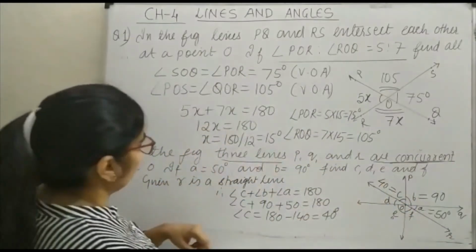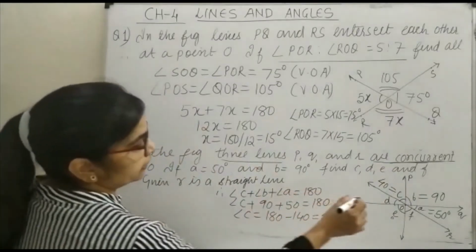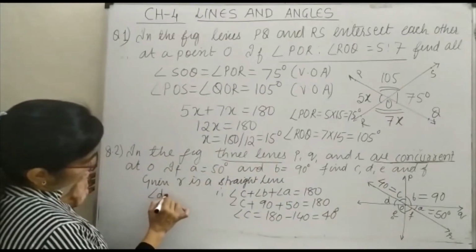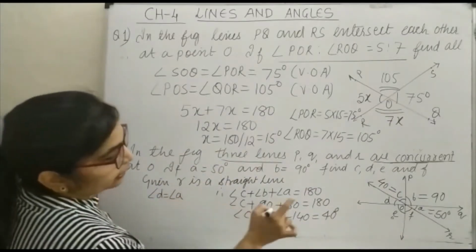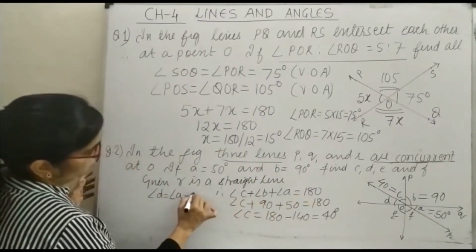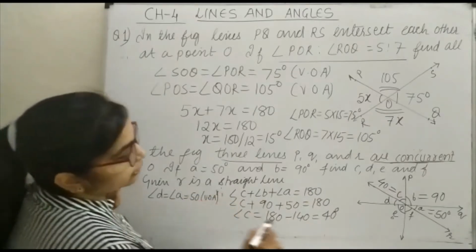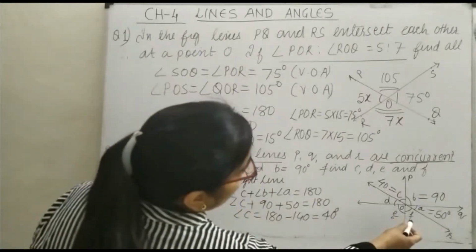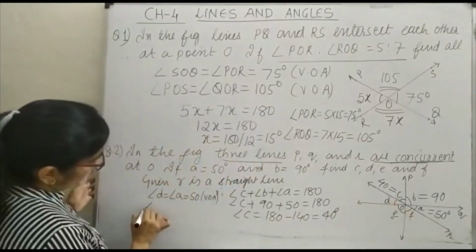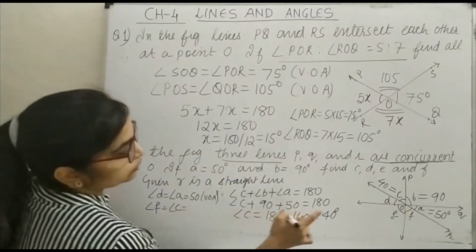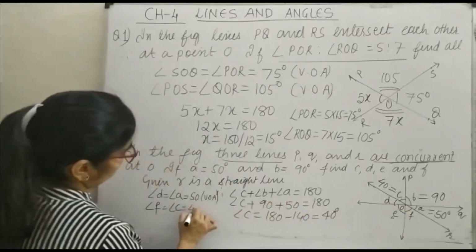Now we have to write all the angles, so you can see that angle D is equal to angle A, and that is equal to 50 degrees, that is vertically opposite angle. Similarly, angle F is equal to C, that is equal to 40 degrees.